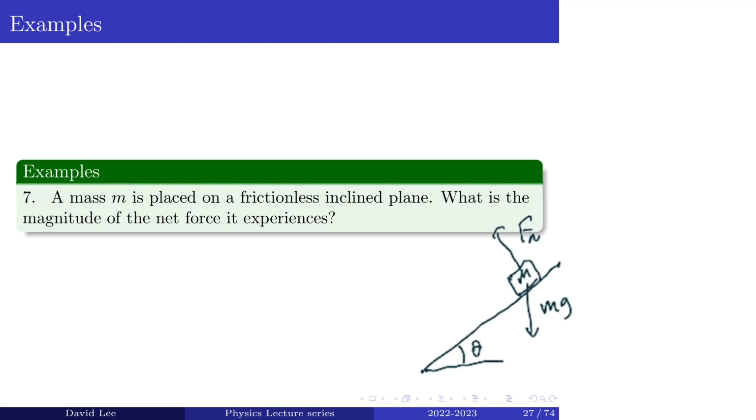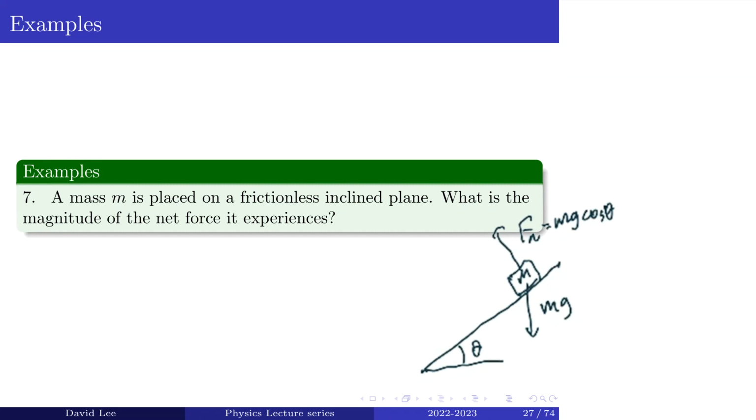Okay, so how are we going to sum these two forces? First of all, we should find what the normal force is. And it turns out the normal force is equal to mg cosine theta. Now, why is this?